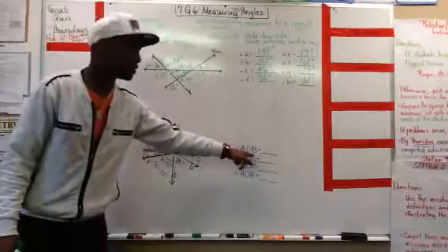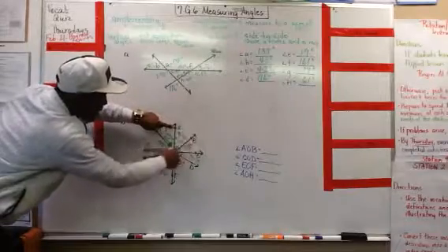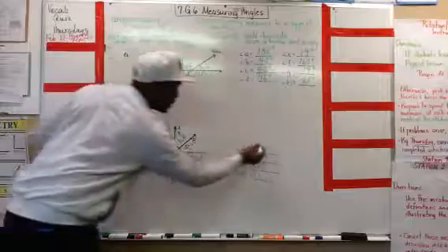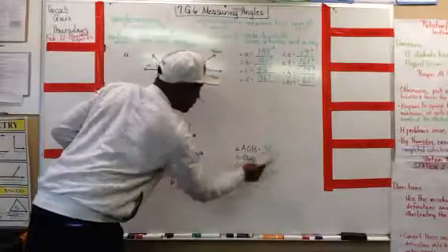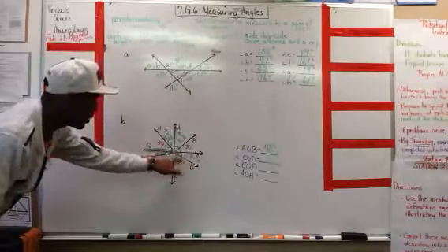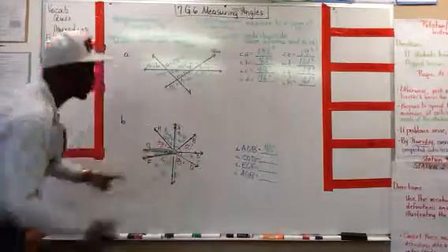Now let's fill in these blanks. Find angle AOB. What does angle AOB measure? 40 degrees. Find angle COD. This little one. What does it measure? 20 degrees.